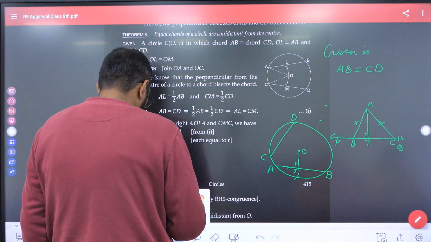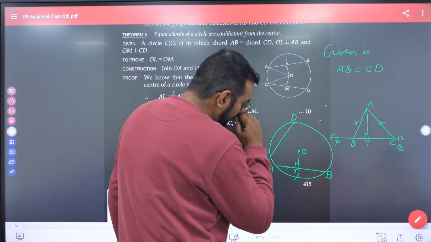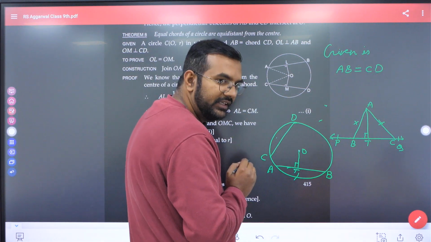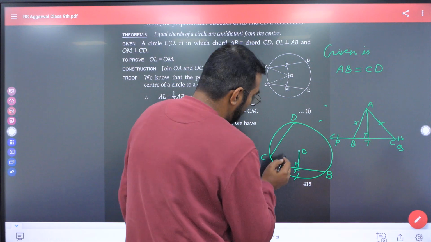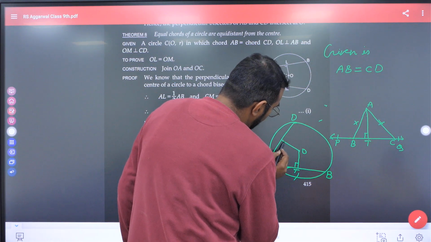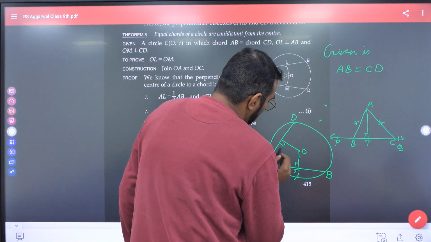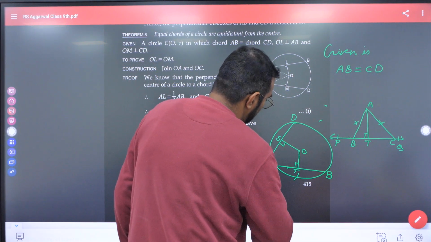Similarly, we will draw a perpendicular line from O to CD. That will represent the distance of CD from O. We draw this line. This line is also perpendicular, OS.